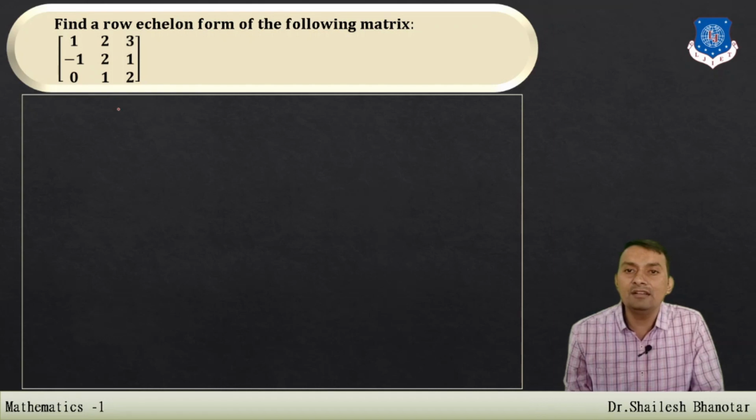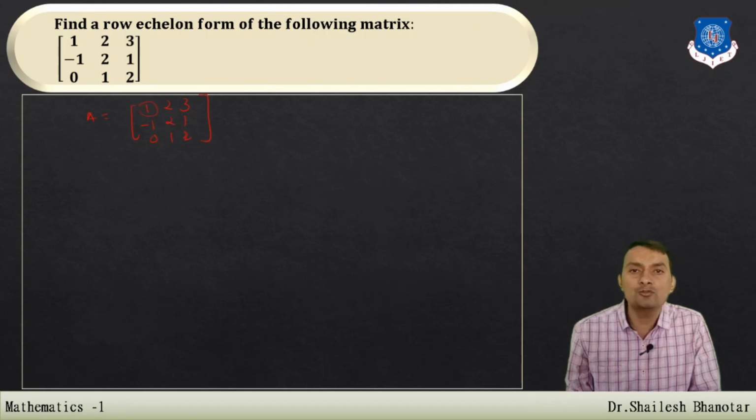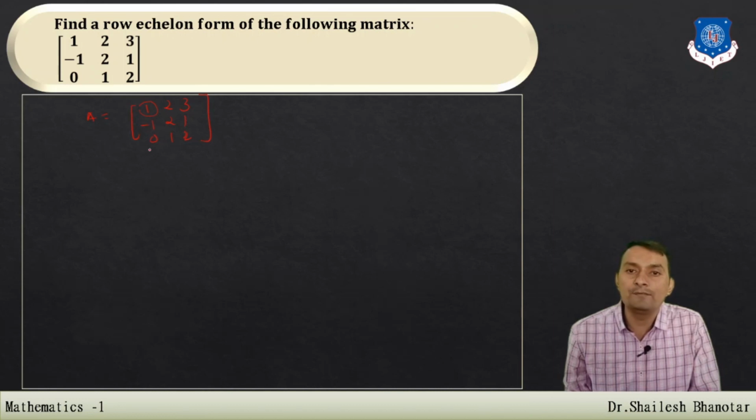So this is the given matrix A: 1 2 3, minus 1 2 1, 0 1 2. The first row's first column has a non-zero entry, which should be non-zero, and for simplicity it should be 1, and that is what we have. But below that we want a 0.